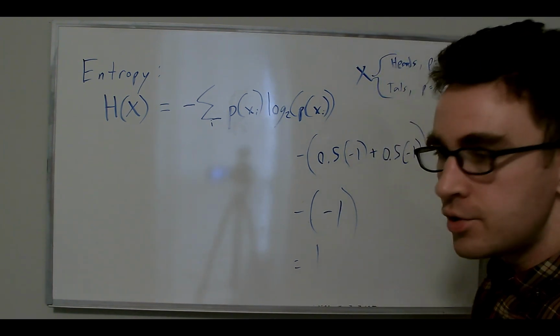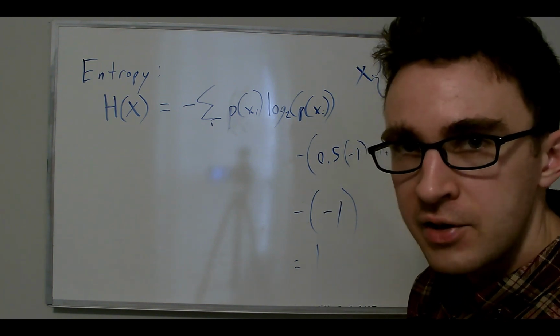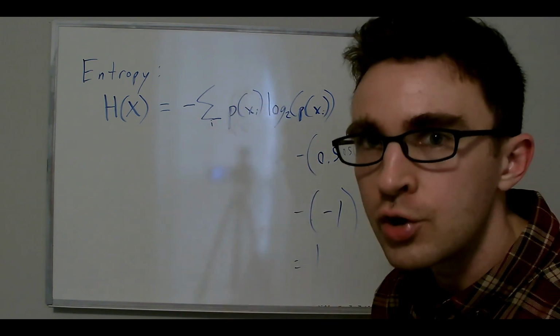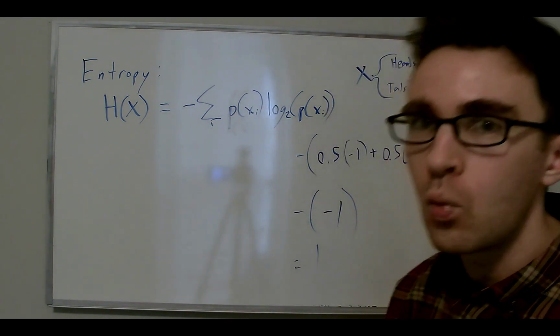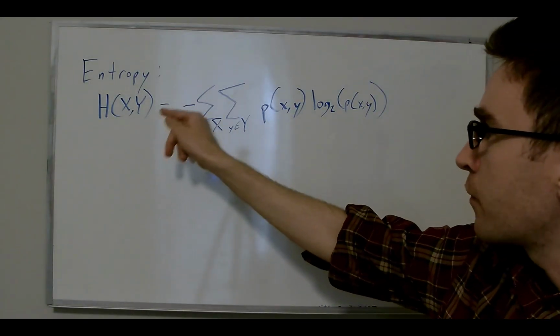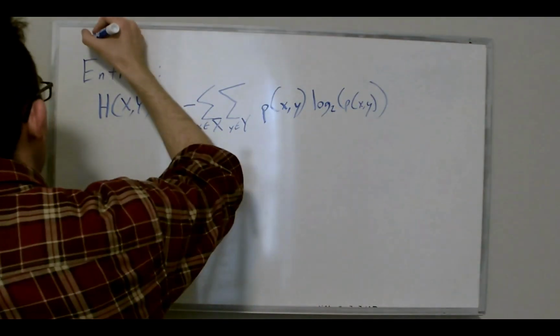This may also become easier when we do it in code. The next thing I'm going to show you is that we can also talk about this concept of entropy for a joint distribution of more than one random variable. This is the formula for the joint entropy. Actually, let me make this clear and write it up here.